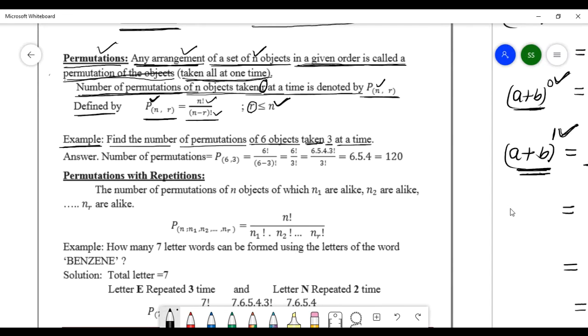So here n equals 6 and r equals 3. You have to find the number of permutations, P(n, r), with n = 6 and r = 3, and the formula is n! / (n - r)!.